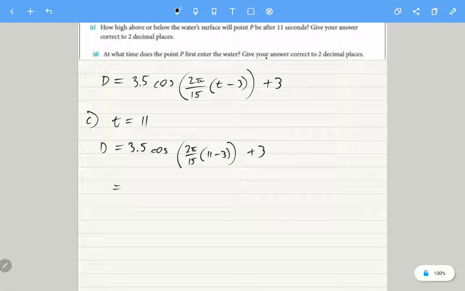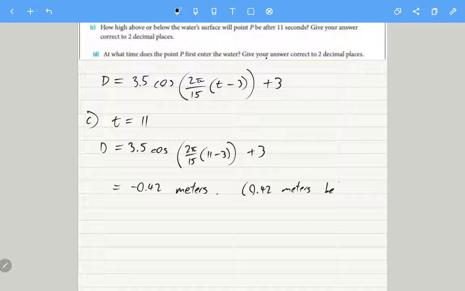Typing this into a calculator, we get negative 0.42. And so that would be meters. And in this case, it means it's 0.42 meters below the water. So it's nearly at that minimum of negative 0.5.